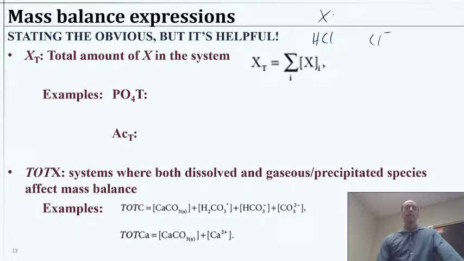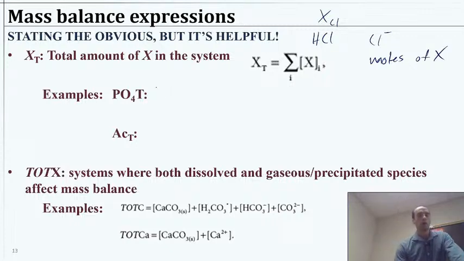If X is some form of Cl, then the total X is a combination of HCl and Cl minus. So we're really looking at the moles of X in solution.